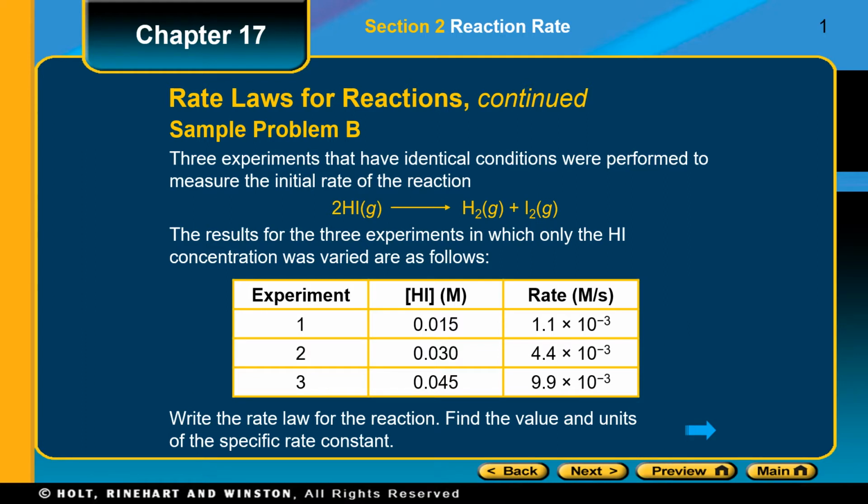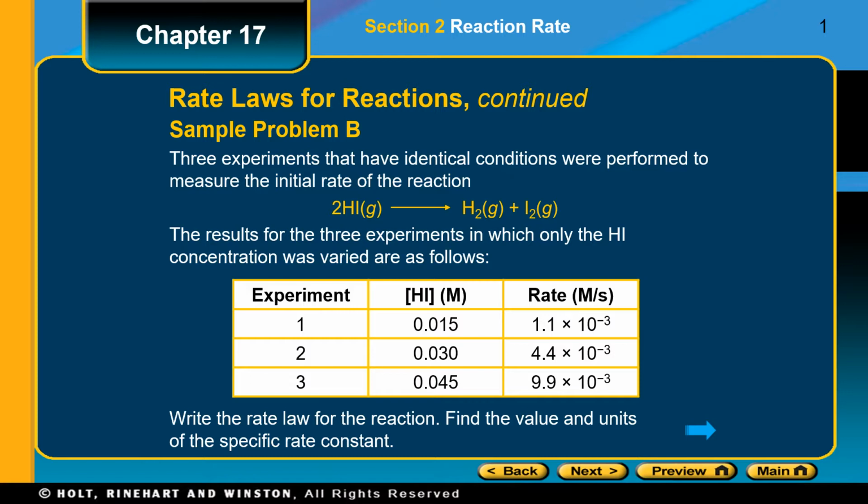In experiment 1, we began with a concentration of hydrogen iodide of 0.015 molar, and it was timed, and they measured the number of seconds that it took for this reaction to occur, and then they took the 0.015, divided it by the number of seconds, and they get the rate, and so that would be the number of moles per second.